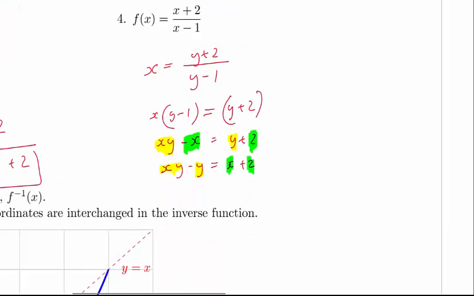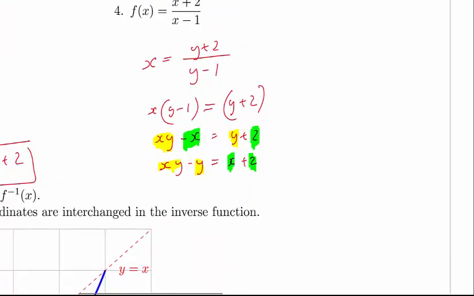Alright, so let's go ahead and finish this off. We're going to factor a y out on the left side, so we have y times x minus 1 equals x plus 2. Divide both sides by x minus 1, and we have y equals x plus 2 divided by x minus 1, and that is the inverse function.